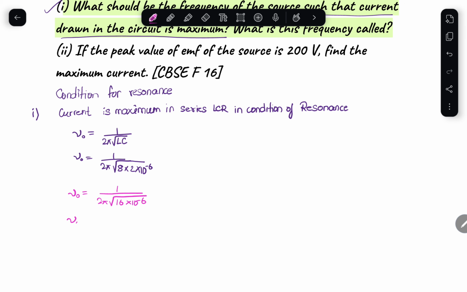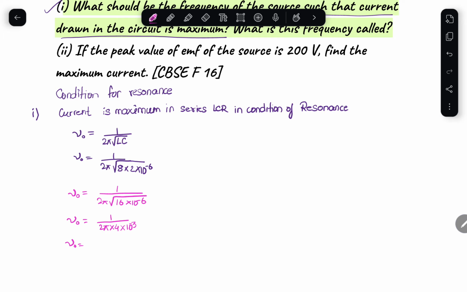Breaking the root, it equals 1 by 2 pi, the root of 16 is 4, and 10 to the power minus 6 becomes 10 to the power minus 3.